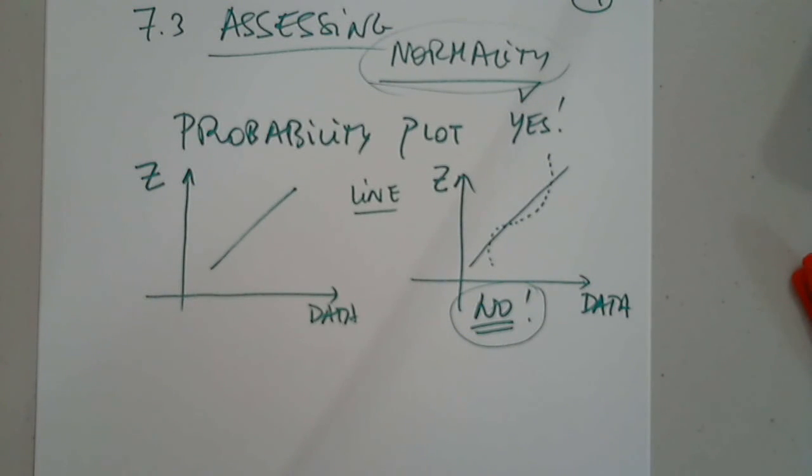Look at the graph. You can argue, wait a minute, you only have 6 or 7 entries. You can't make a decision based on that, and I absolutely agree. But let's assume that this is what we have. Would you use the normal distribution to analyze the data if that's the graph of the probability plot? No. No. No.